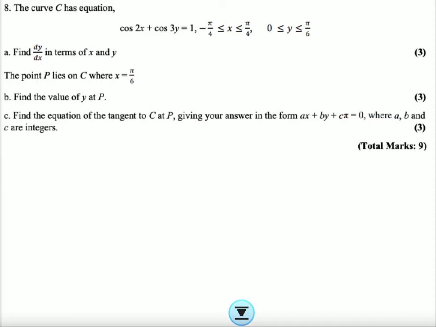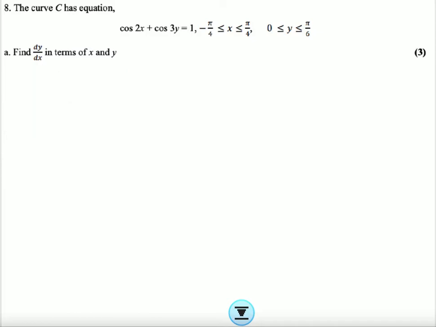Okay, more trig. Okay, and more implicit differentiation. So dy by dx in terms of x. So I'm going to differentiate it.